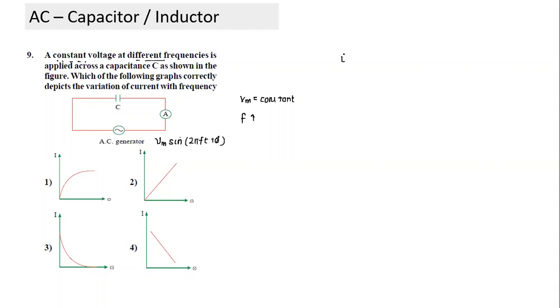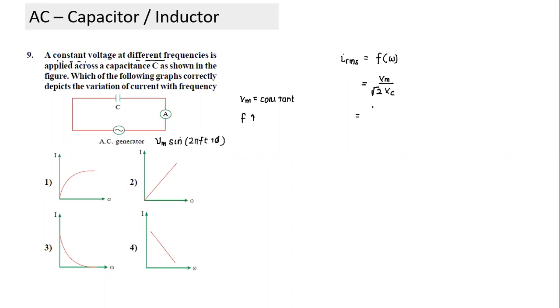So what we need to do, I need to find the value of IRMS as a function of omega. IRMS will be equal to Vm divided by √2 into XC.